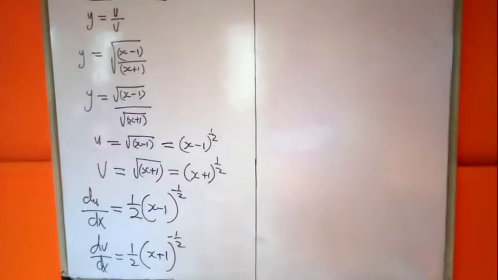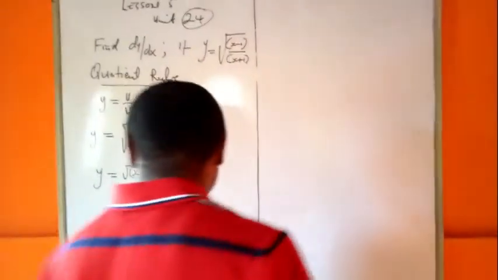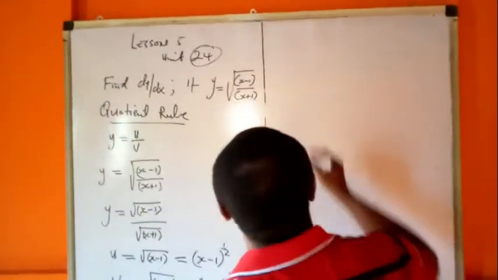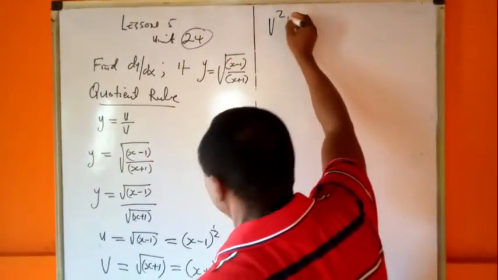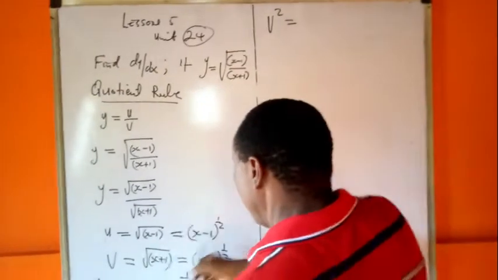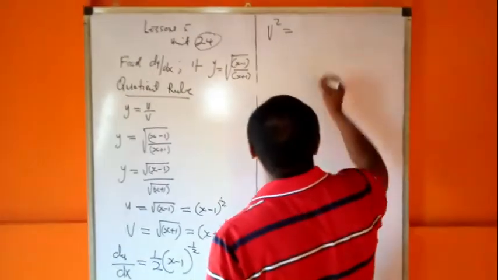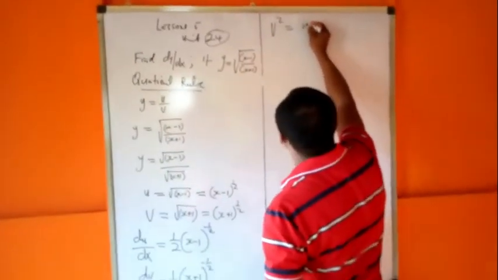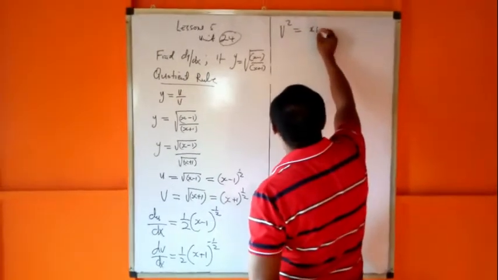So having done this, we can now say that our v squared, look at our v here, equals x plus 1.